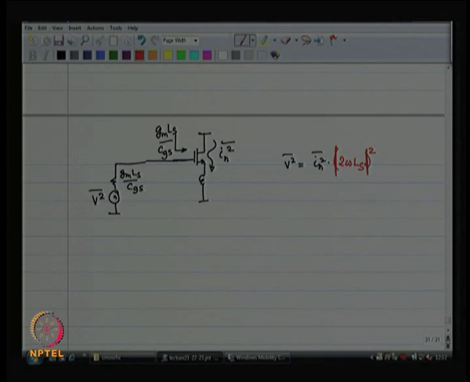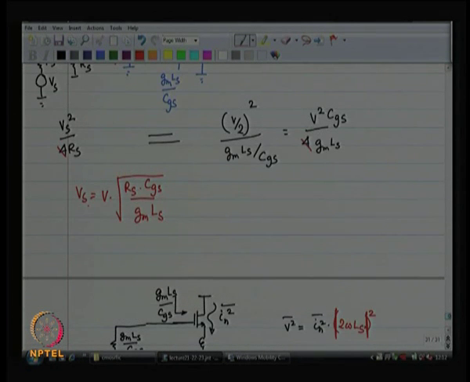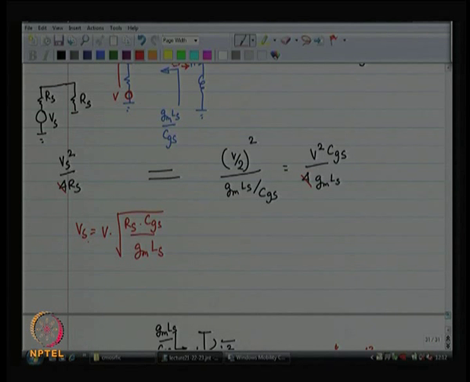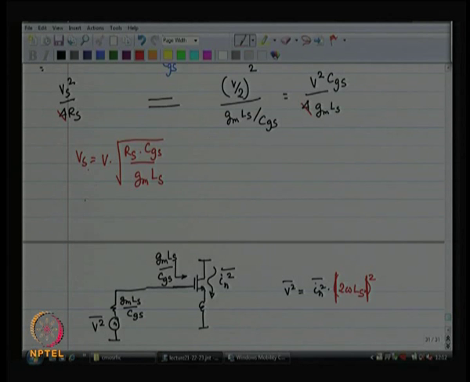Step 2 is to understand that to get a certain V over there, your source has to have a certain source voltage, and that relationship is given over here.